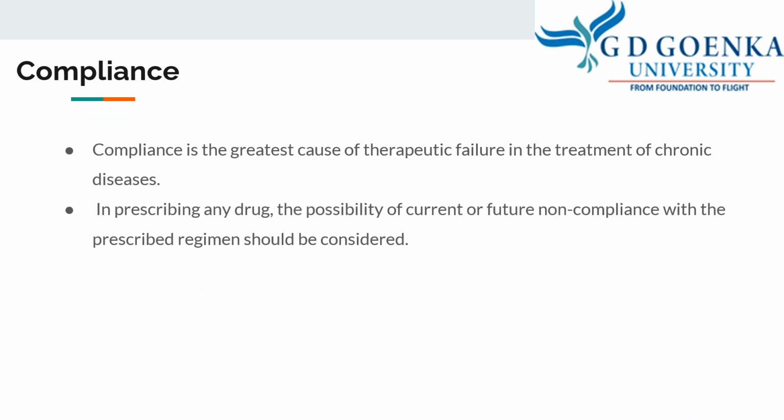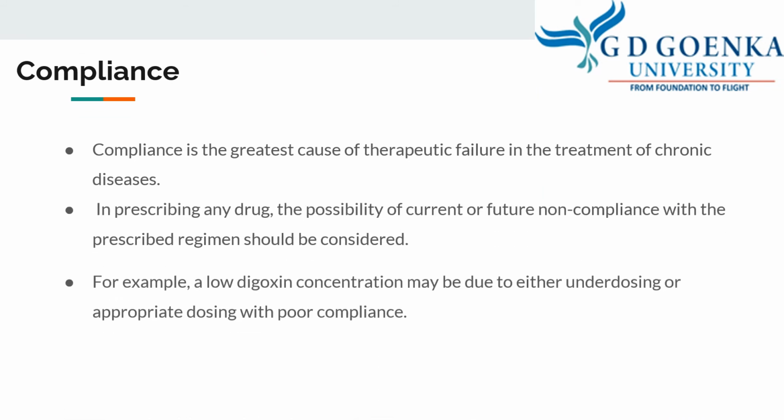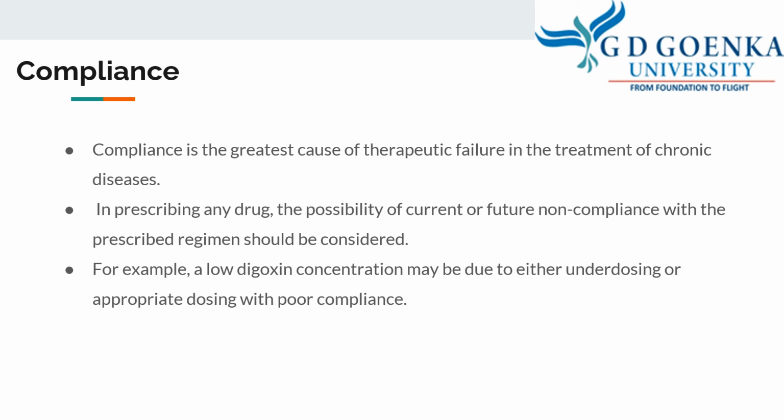Another factor that causes a primary failure in dosage adjustment in renal disease is patient compliance. Patient compliance is the greatest cause of therapeutic failure in the treatment of chronic diseases.